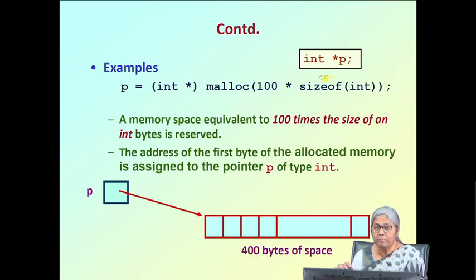Now, the number of bytes is 100 into sizeof(int). So, we know that size of int is 4 bytes. That means 100 into 4 bytes, it is 400 bytes.